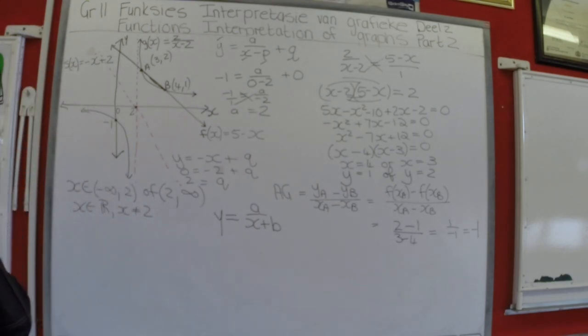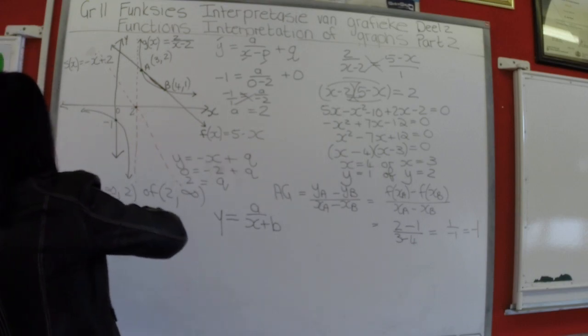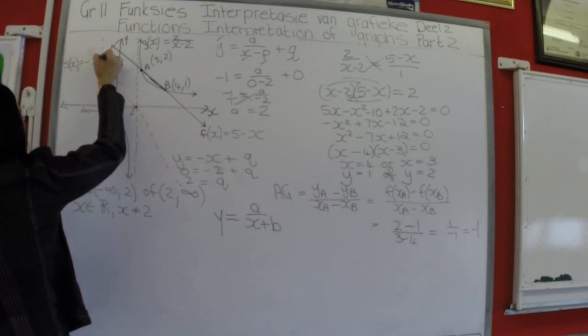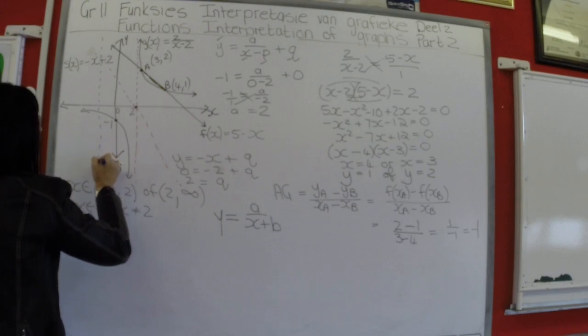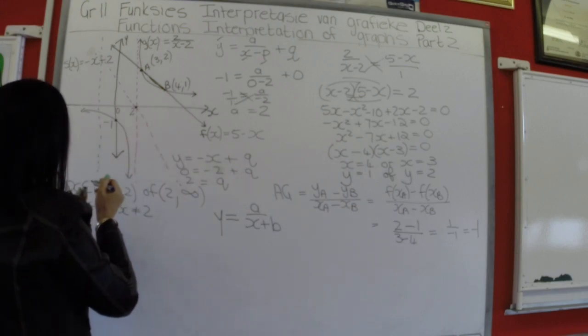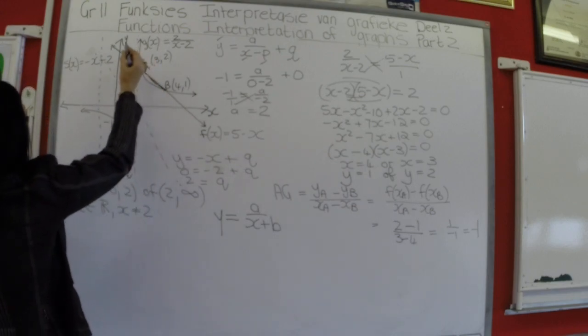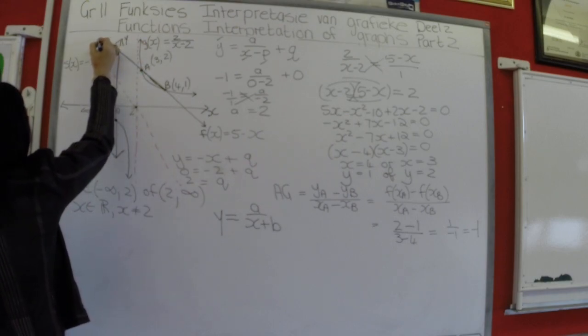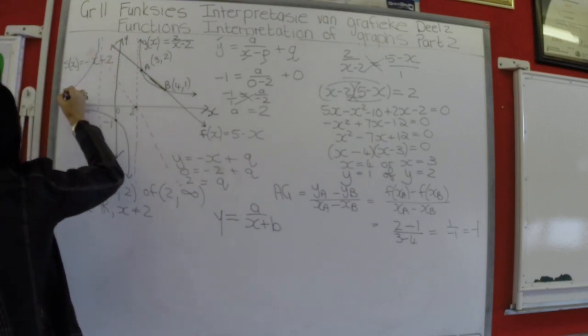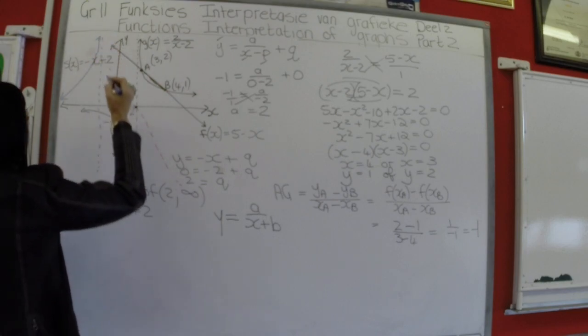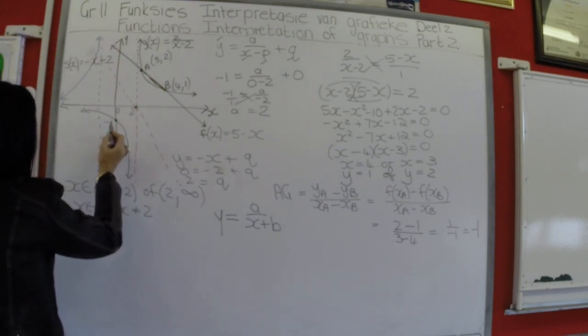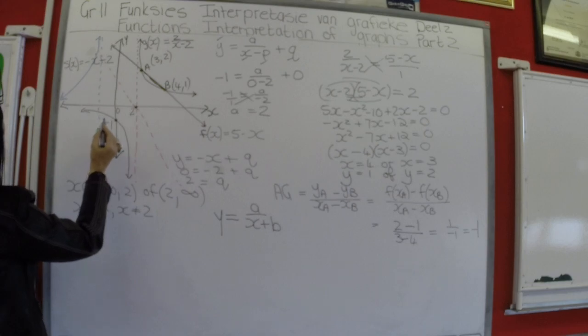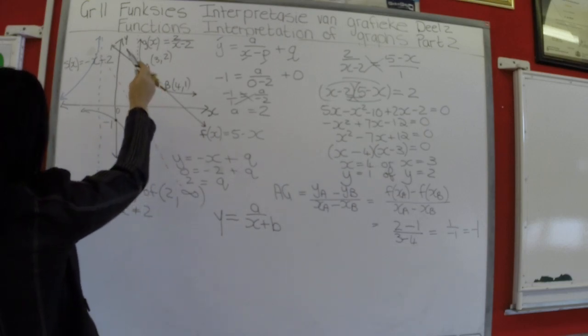If we draw a picture of the reflection of g in the y-axis, then we reflect the asymptote too. So this one is now going to reflect to there, and this one is going to reflect over this line.